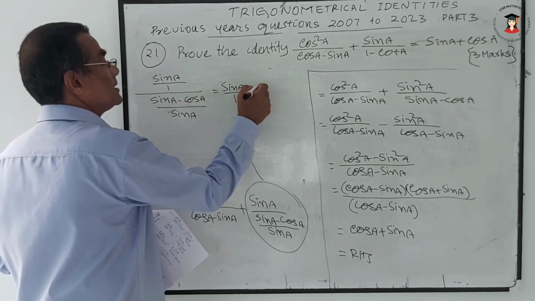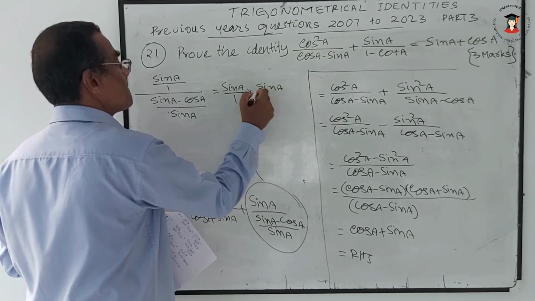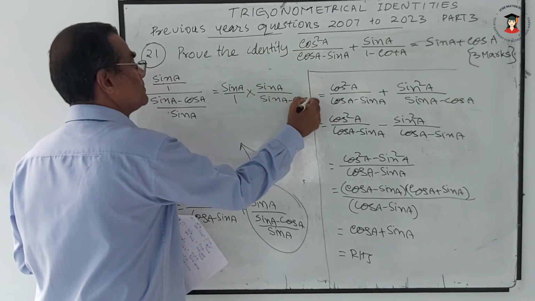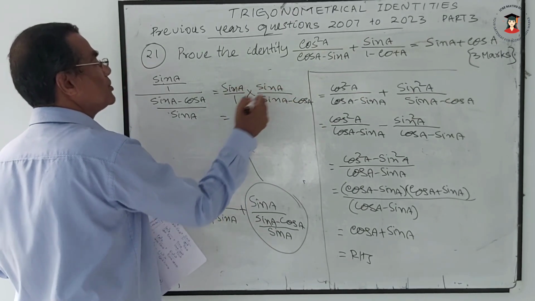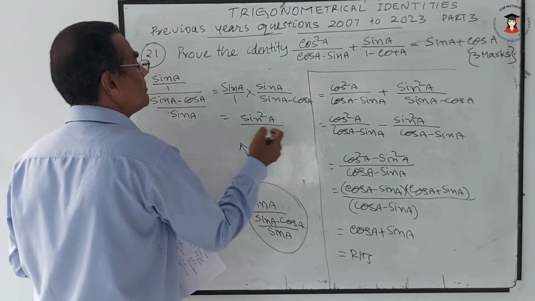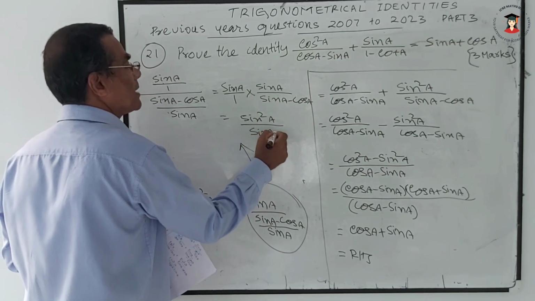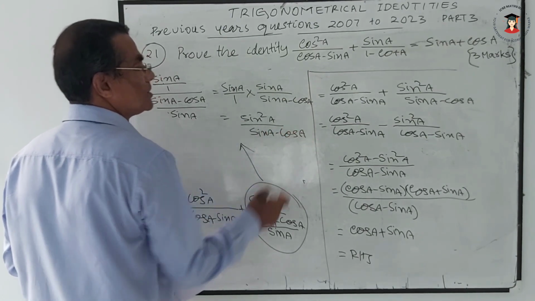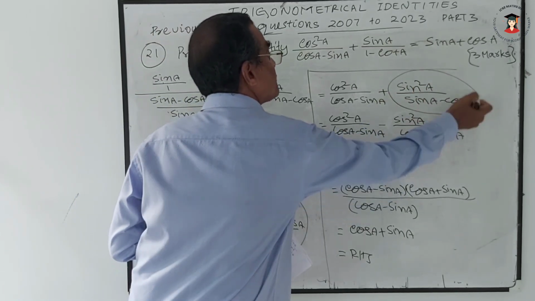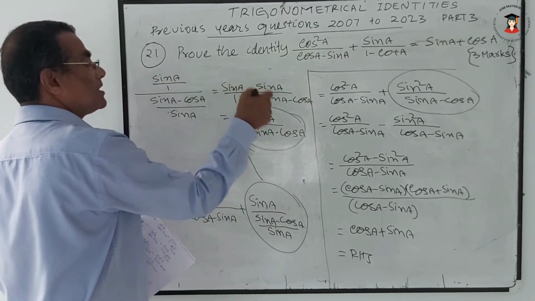The reciprocal of this is sin A by sin A minus cos A. Equal to sin A into sin A is sin square A, divided by sin A minus cos A into 1, which is sin A minus cos A. So I have arrived at these steps through these.